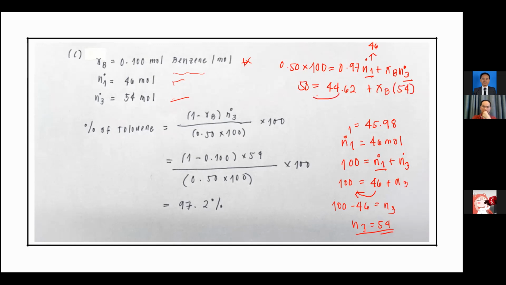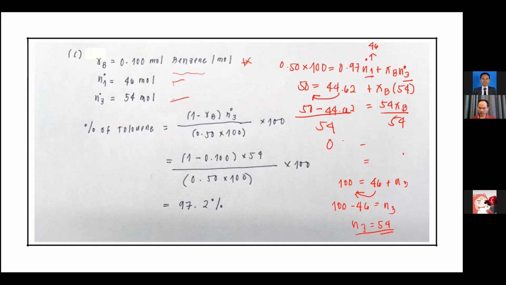We're going to transpose this: 50 minus 44.62 is equal to 54 XB. So we have 0.100 mole fraction equals XB. So that is the balance of benzene for the mole fraction.